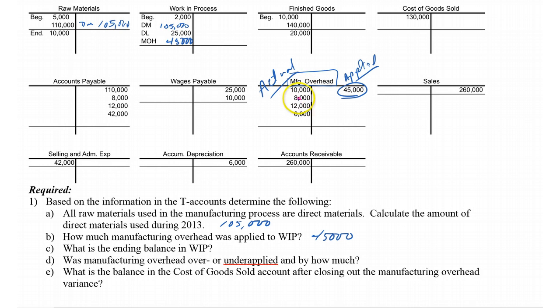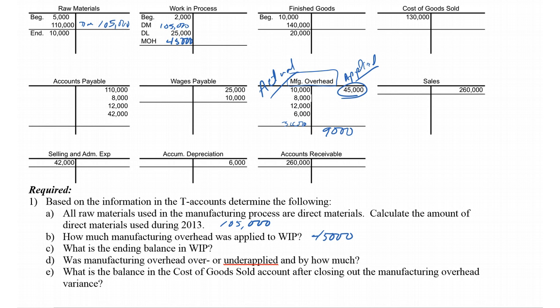What is the ending balance in WIP? Well, we need to add up the actual amounts and subtract the difference and see if we have a debit or credit balance in that account. Okay, so let's see, we have 18,000 and 12 is 30,000. So this side's 36, right? This side's 45. So we have a credit balance of 9,000.